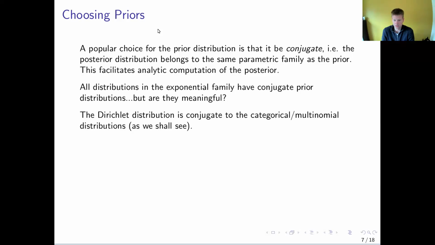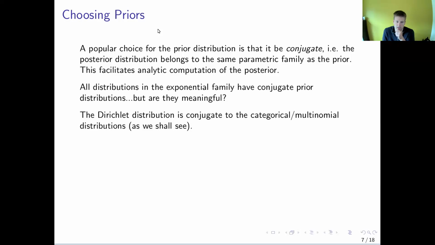But in most real models, you have to rely on approximation algorithms for obtaining the posterior. But one way of simplifying your life, computationally anyway, is to strategically choose your prior distribution so that computation is easy. Let's put easy in quotations.